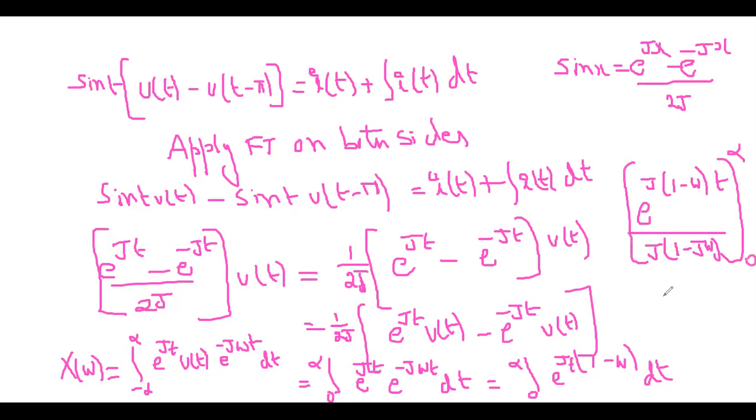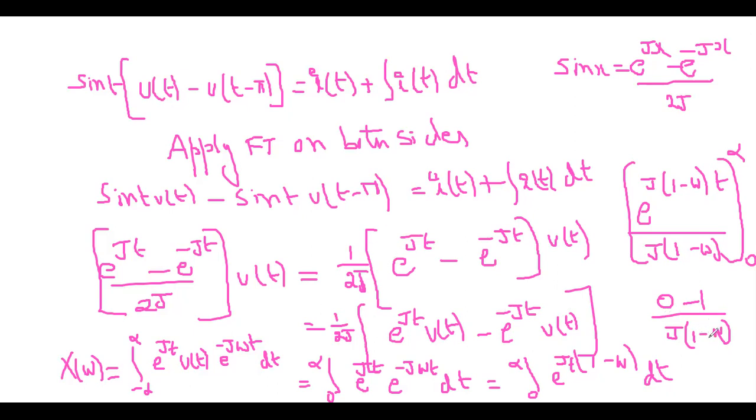At infinity it becomes 0, and e power 0 is 1. So the first term is minus 1 by j into (1 minus omega), my dear students.